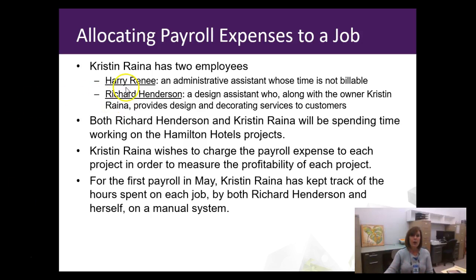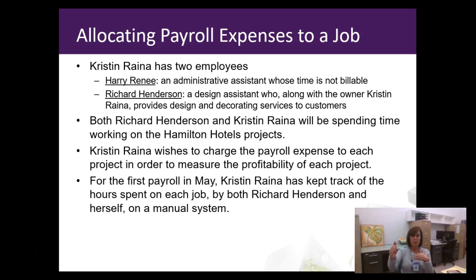So in this case, we've got Harry Renee, who is an administrative assistant whose time is not billable, and Richard Henderson, a design assistant whose time is billable. Both of these individuals are going to allocate time to the jobs, but Richard's time is actually going to show up on the invoice, and we're going to directly pass that time on. We're going to bill him out at a higher rate than we pay him.